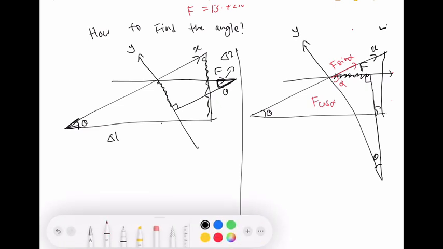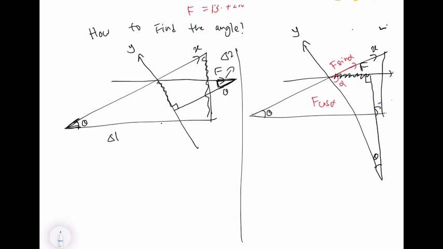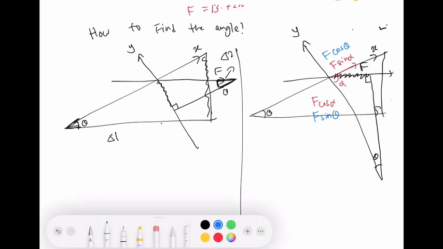Surprisingly, F cos alpha we can rewrite as F sine theta, and F sine alpha we can rewrite as F cos theta. Now you might be wondering, how is that even possible?